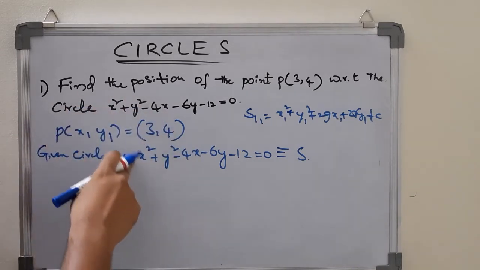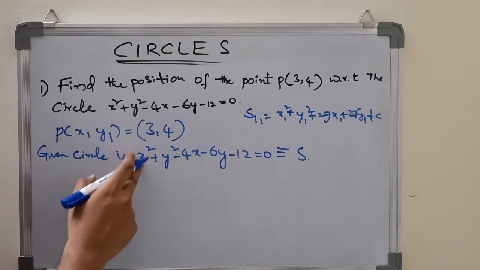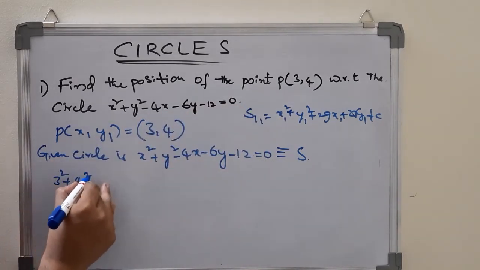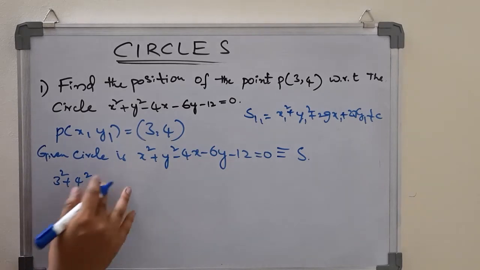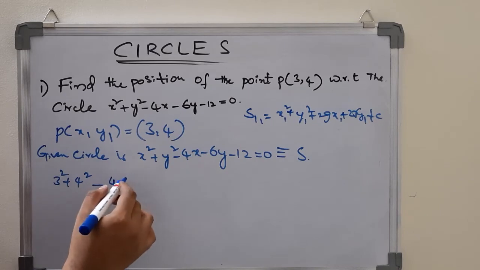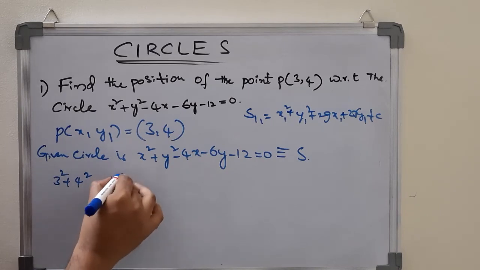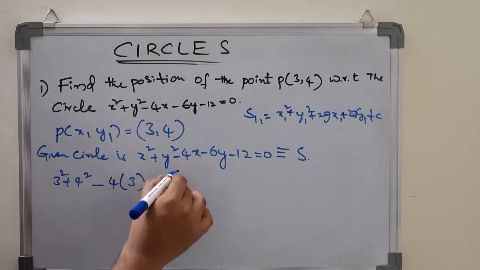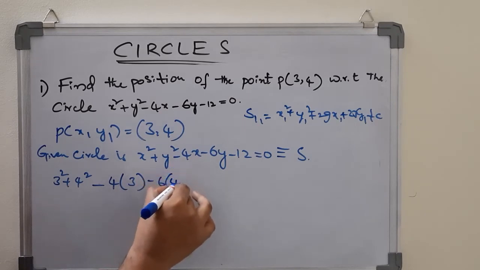Substitute the values of x1 and y1 in this equation. 3 square plus 4 square minus 4 into 3 minus 6 into 4 minus 12.